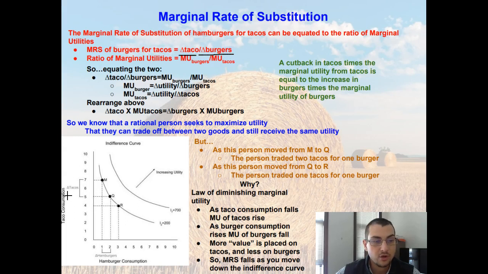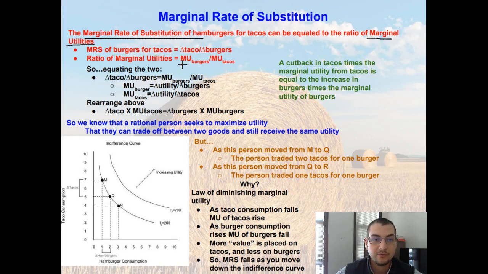That rise over run that we talked about in the very last video. So how can we equate these two together? We said up here that we're going to be equating this marginal rate of substitution to the ratio of marginal utilities. So let's look at the mathematical foundation for equating these two.